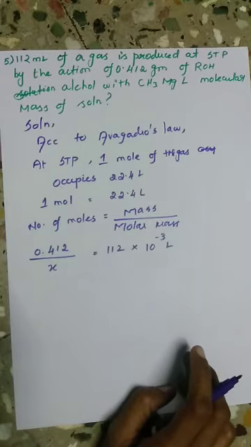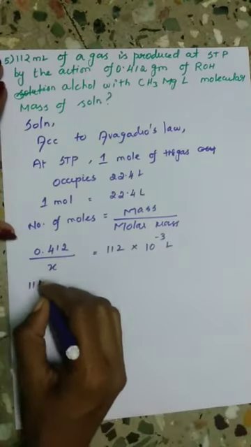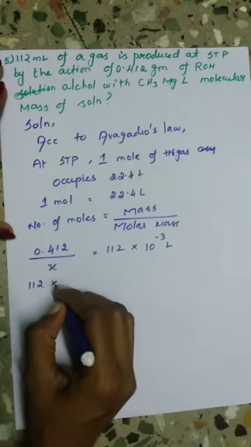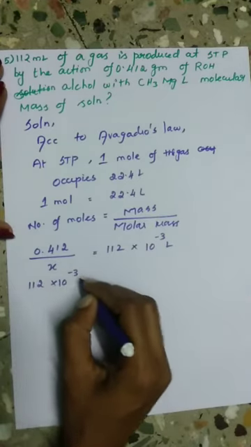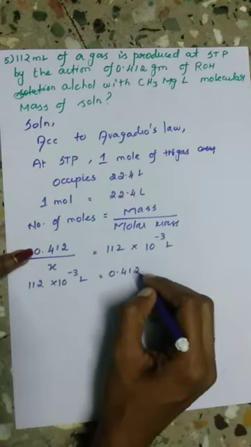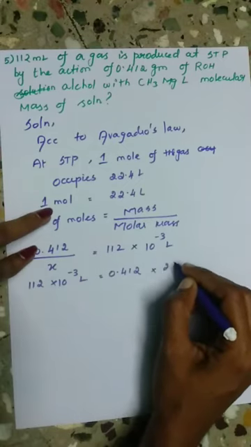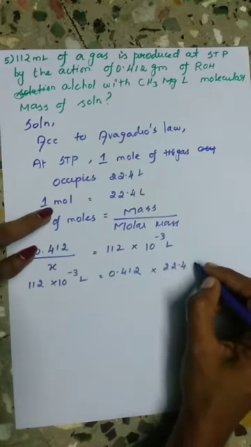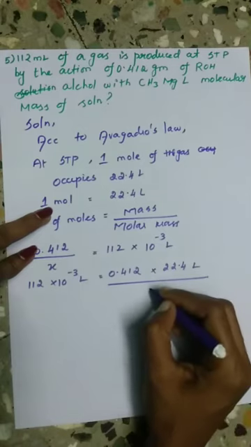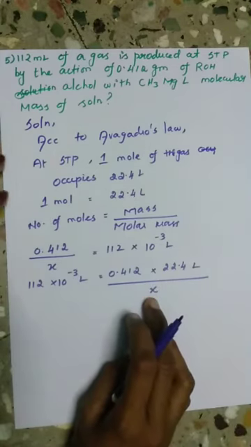It can be further rearranged: 102 multiply 10 to the power of minus 3 liter is equal to 0.412 multiply 22.4 liter upon x. So x is the molar mass, and we have to find it out.